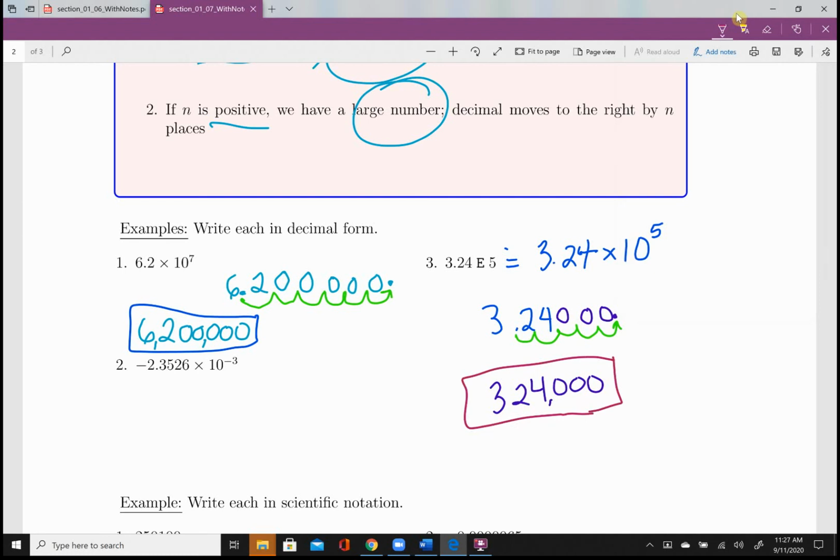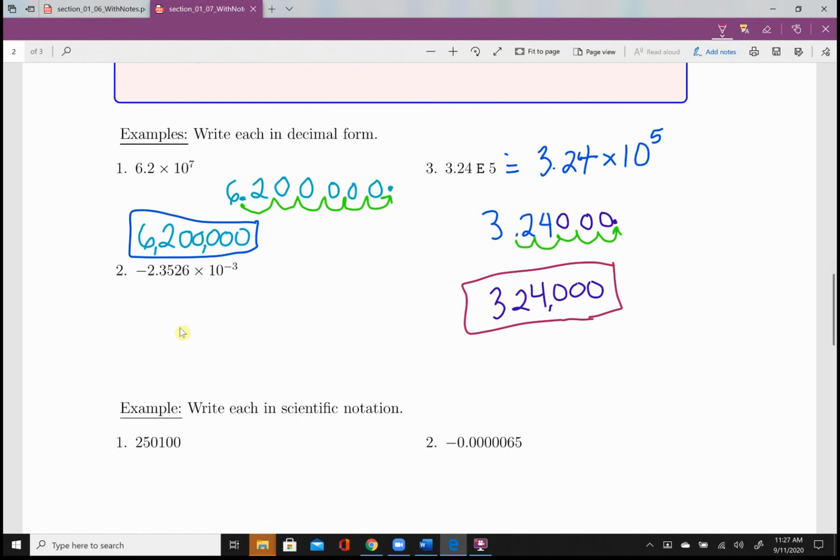Okay. Now this next one can be a little tricky because not only is the A value negative, but so is the exponent. The exponent being negative just means that you move the decimal place to the left rather than to the right. And the value A being negative has no bearing on how many places you move the decimal or in what direction. You're always going to be looking at the exponent for that information, the exponent on the 10, that is.